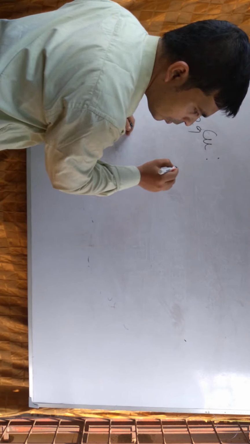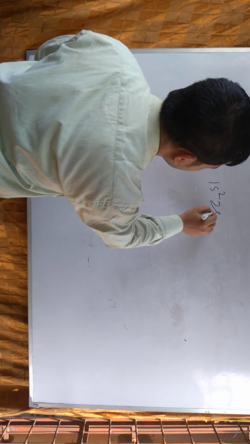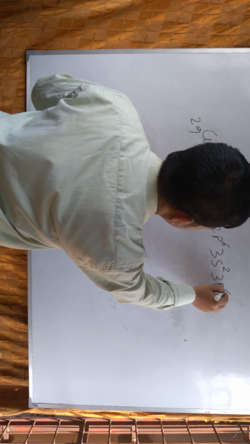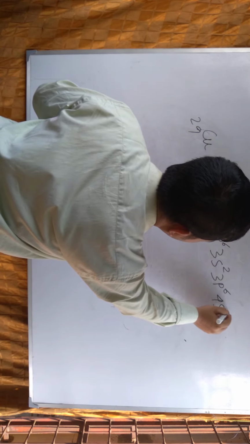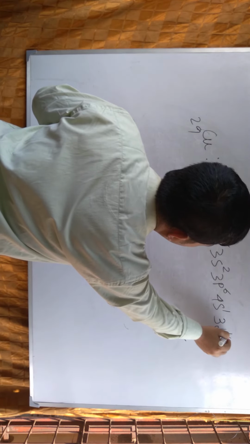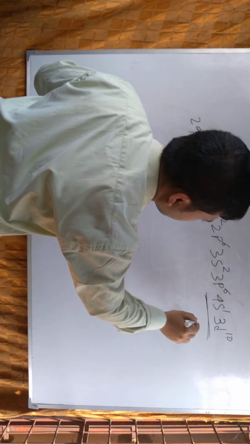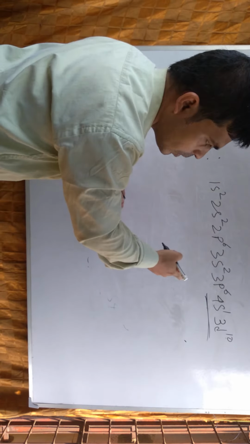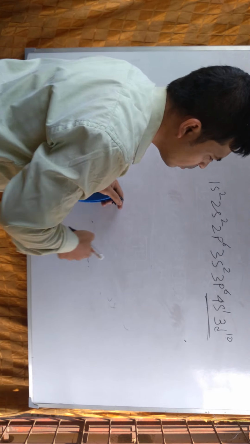Copper has atomic number 29. So 1s2, 2s2, 2p6, 3s2, 3p6, 4s1, 3d10. Here see 4s1, 3d10. Actually this is the electronic configuration of copper, which is an exceptional electronic configuration.